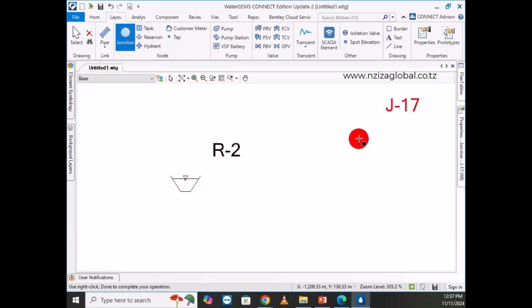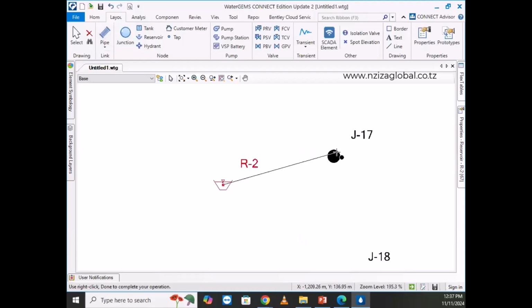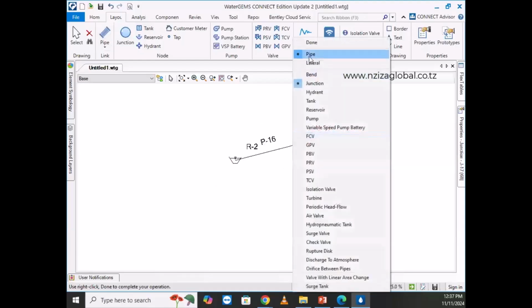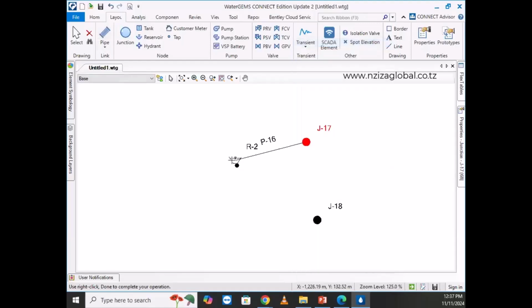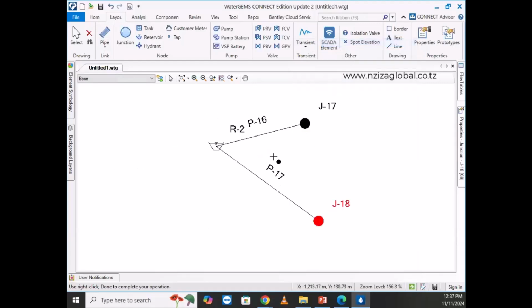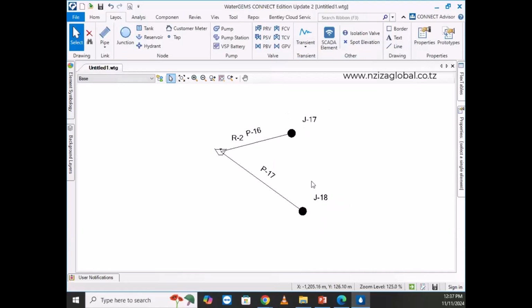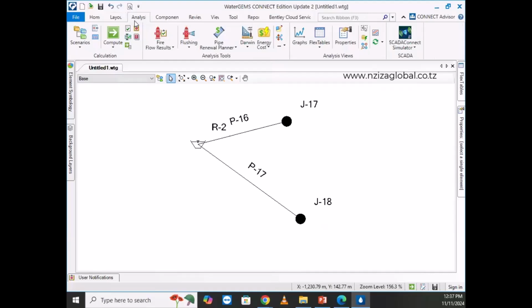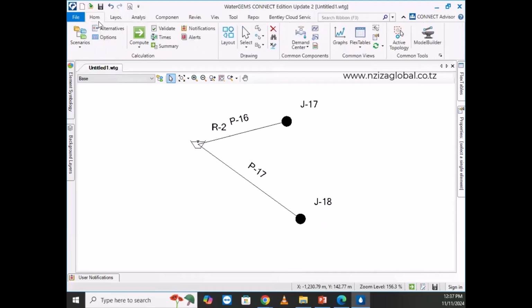Let's add a node here and another here, and then try to connect this reservoir to this node. So from there, you validate your network and see.